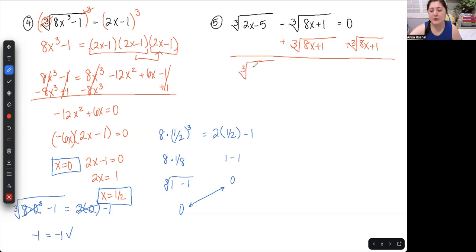So now I have the cube root of 2x minus 5 is equal to the cube root of 8x plus 1. Now, something that you'll notice is both of these are cube roots. So if I cube both of them, I'm going to actually eliminate the cubes. So I'm going to end up with 2x minus 5 equals 8x plus 1.